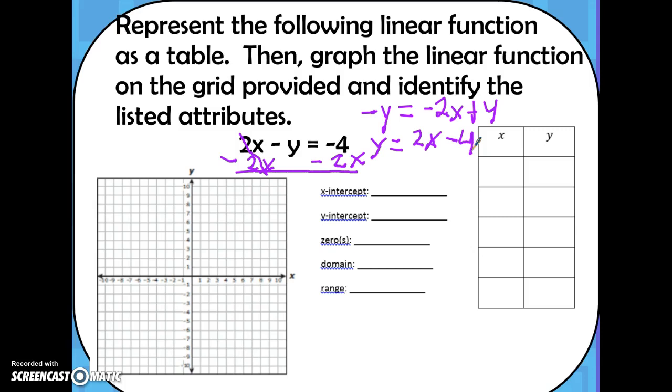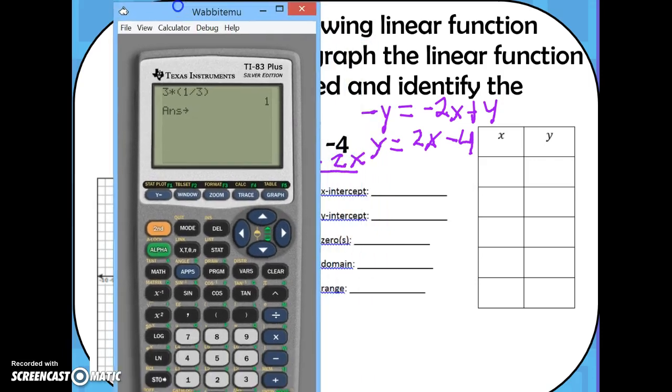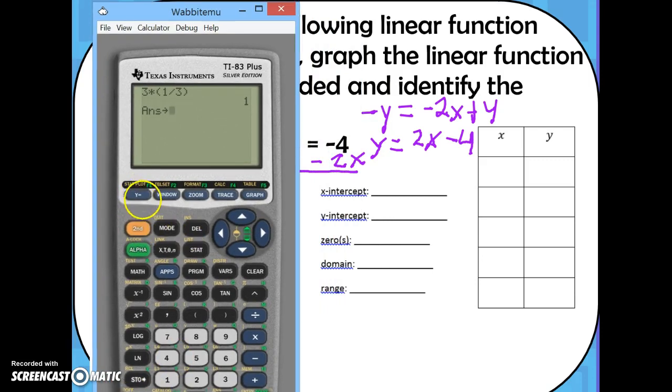We're going to get the calculator up, and we're going to push in our equation. So we're going to clear out whatever we have, and we're going to push y equals, and put in our equation 2x minus 4. And then push your second button and your graph button to get your table.